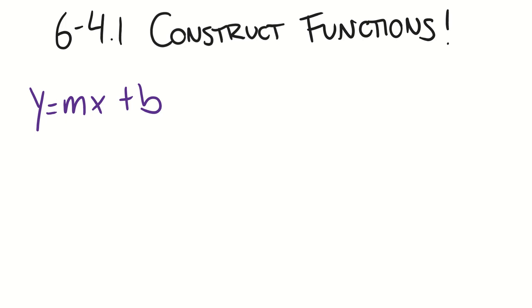So let's say I had the information that says I have a slope of 4 and a point of -1, 3.